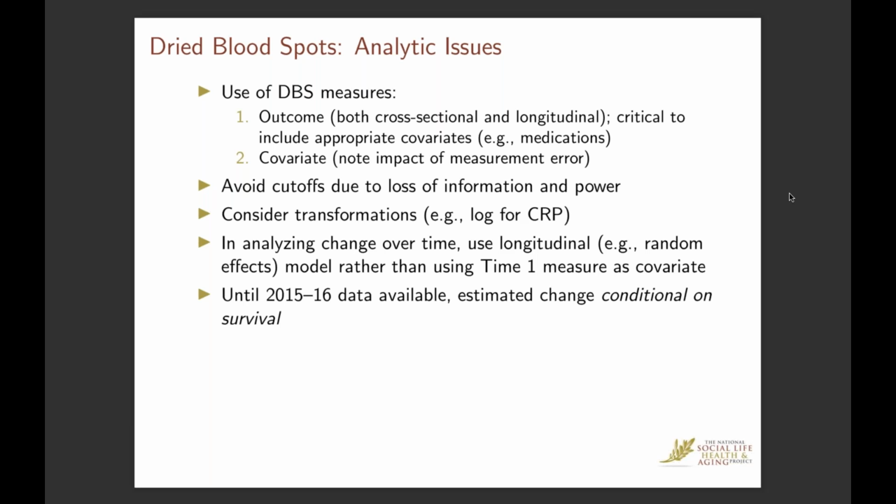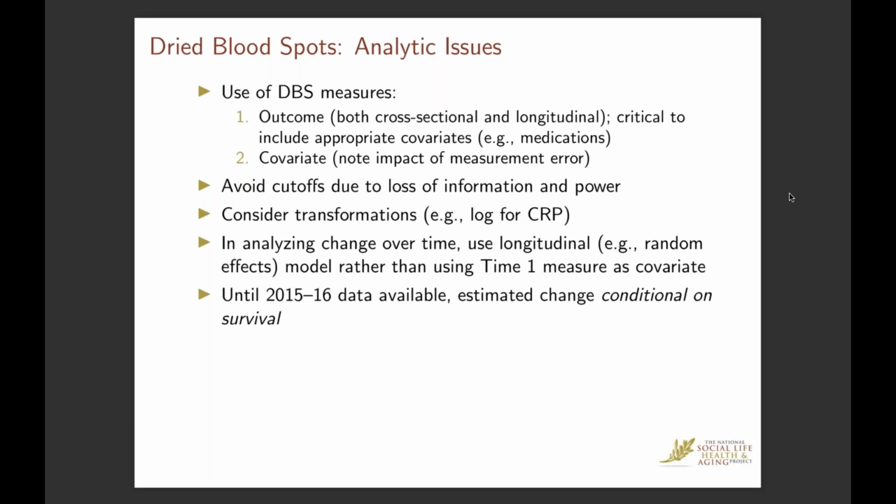In the case of the dried blood spot measures, again, one can consider these both as an outcome, both cross-sectionally and longitudinally. The one thing I would point out as critical is that when you're using one of the dried blood spot measures as an outcome, you really have to give a lot of careful thought to what you include as covariates. I'll give you a perfect example.